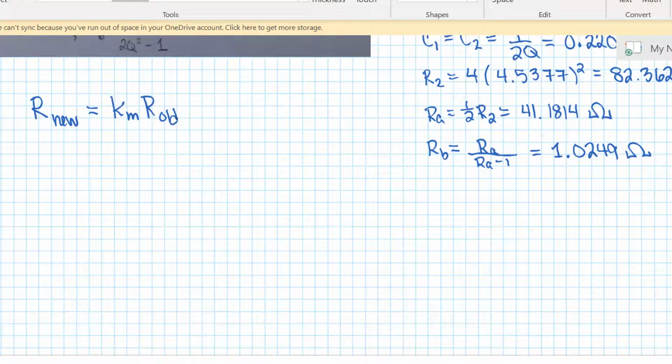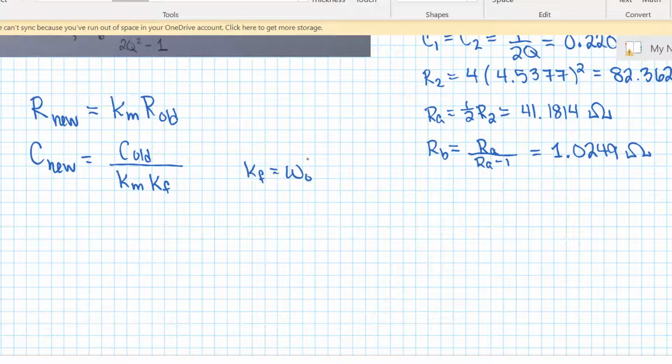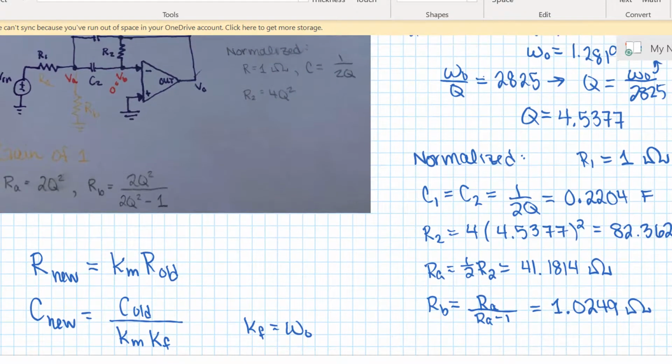I think Dr. J talks about the magnitude and frequency scaling in her video. And for the capacitors, it's C old over Km times Kf, and Kf is just omega naught. So that's going to be different for the two sections because they had different values of omega naught.